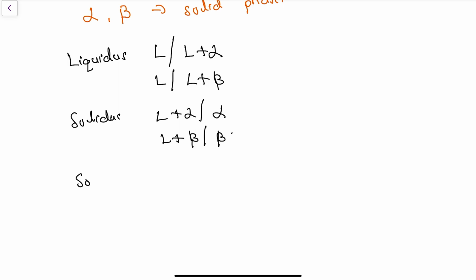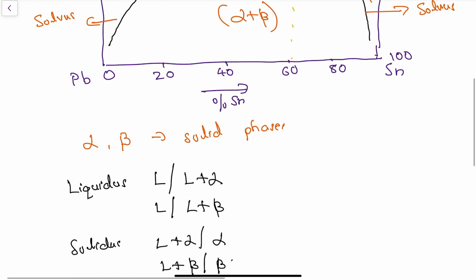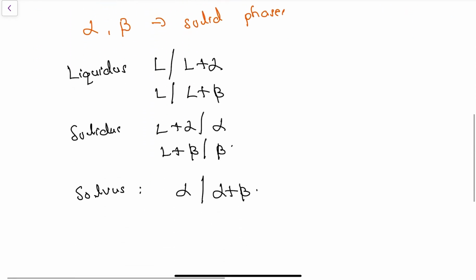The solvus line is the interface between alpha and alpha plus beta. That is the interface between different phases of the solid. Or you can say it is the interface between beta and alpha plus beta. So these two lines are the solvus lines.